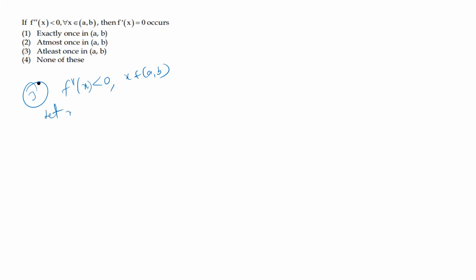The 2 points I'm taking, let x1 comma x2 both belong to the open interval a comma b. Now when f double dash of x is less than 0 in between the interval, its first derivative f dash of x is either less than 0 or greater than 0.